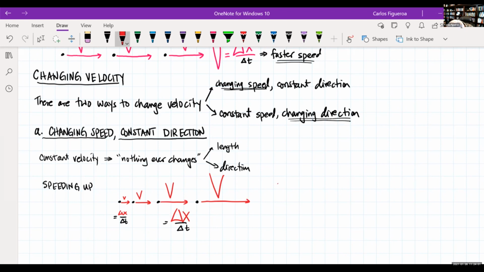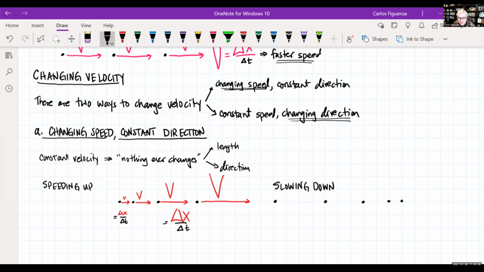So if I'm slowing down, oops, wrong color. If I'm slowing down, you could see that instead of the dots getting farther apart, they've got to get closer together. So the strobe image tells me this here.